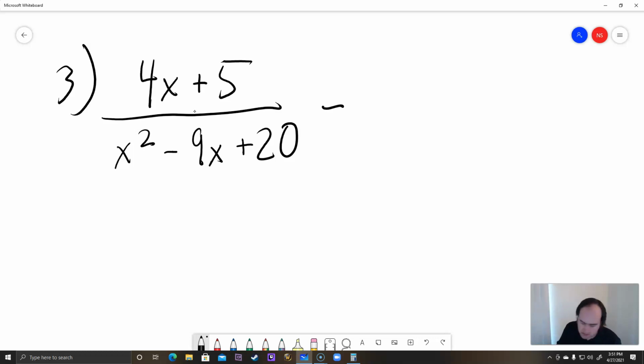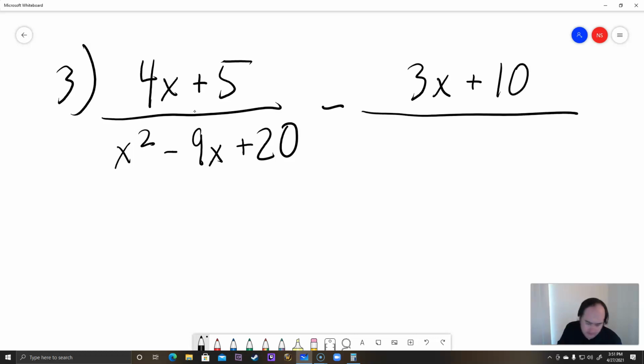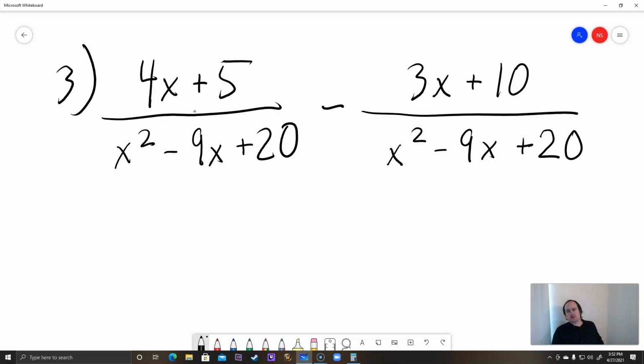Minus 3x plus 10 all over x squared minus 9x plus 20. Okay, so 4x plus 5 all over x squared minus 9x plus 20 minus 3x plus 10 all over x squared minus 9x plus 20.